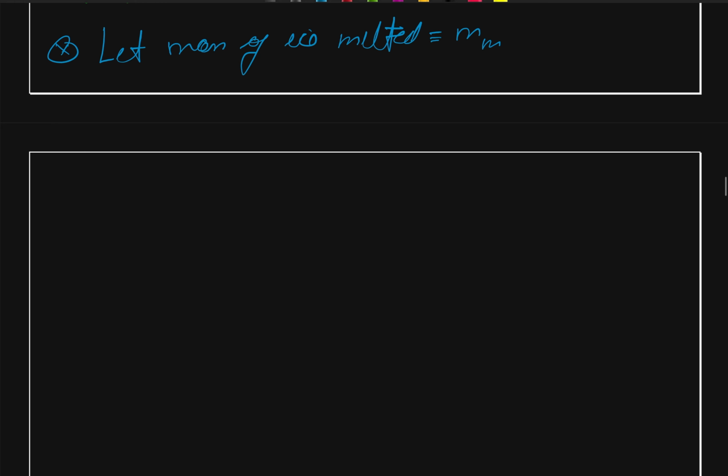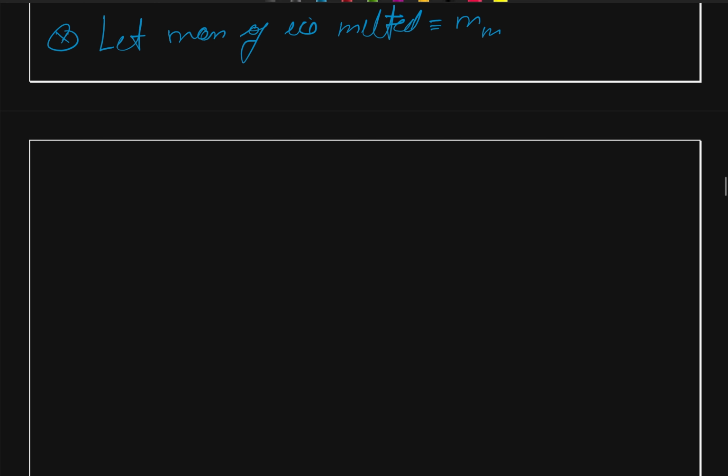Therefore we can write the equation that our 15,999.56 plus mass of melted multiplied by its latent heat is equal to total heat supplied.